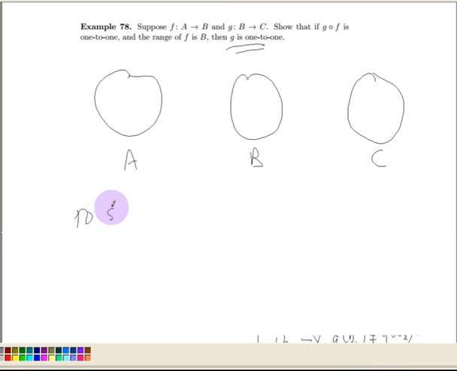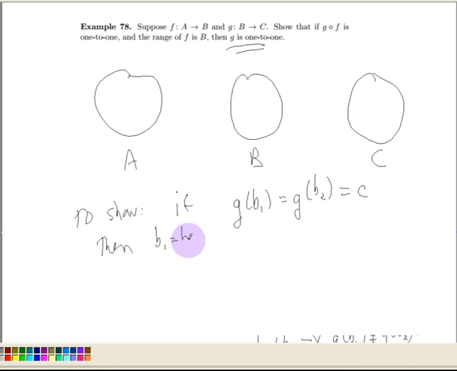So we want to show if G of B1 is equal to G of B2, let's say that's equal to C, then B1 is equal to B2. That's what we want to show. Okay? So let's see how this works out.